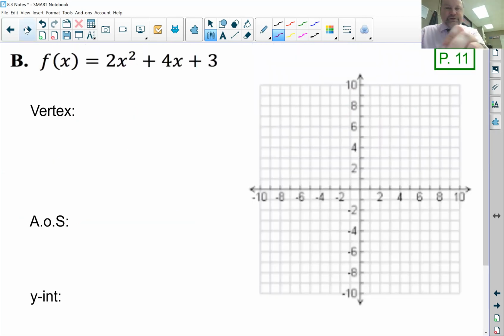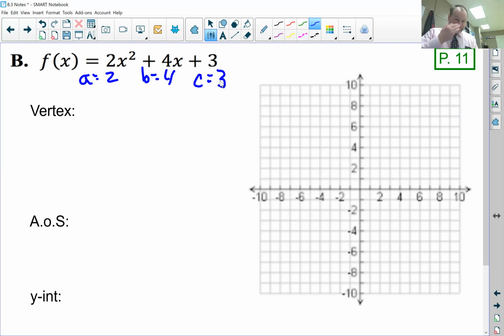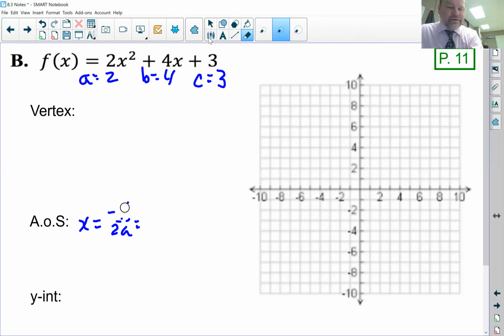All right. Next example. A equals 2, B equals 4, C equals 3. Again, I'm going to start with my axis of symmetry, the opposite of B over 2A. There's the formula, and then I can fill in.